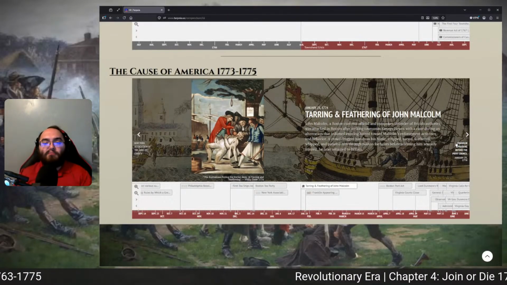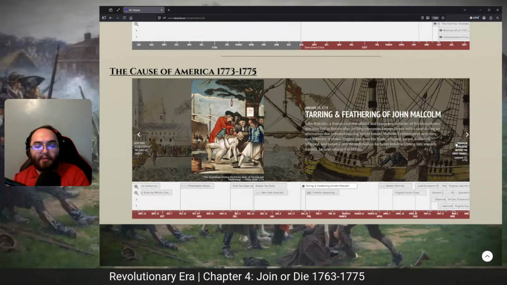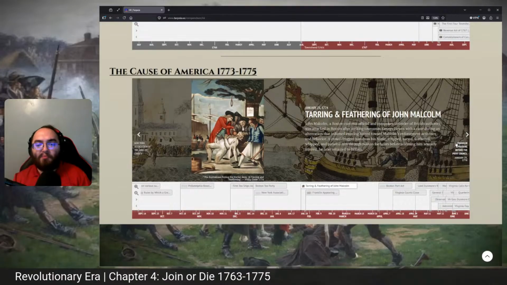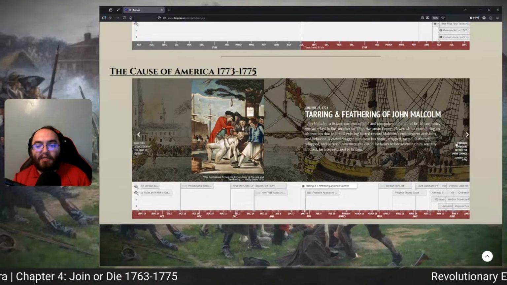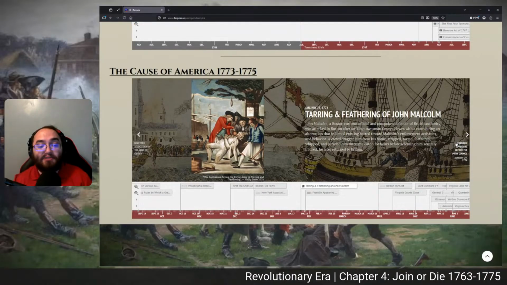A crowd dragged him from his home, stripped, tarred, feathered, whipped, and paraded him through Boston for hours before releasing him severely injured. He later returned to Britain, so he actually survived this.